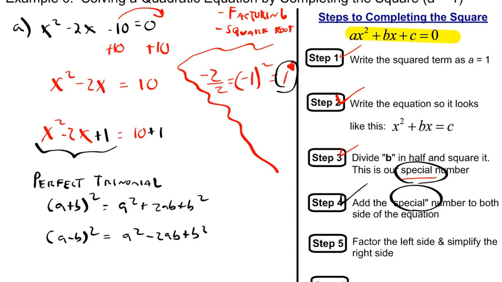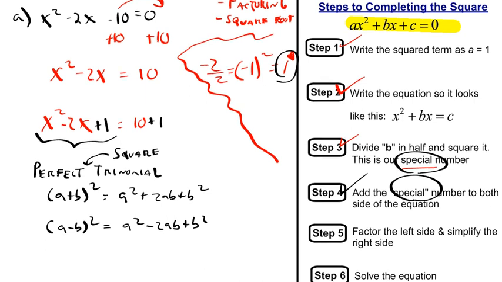Hopefully I'm not going too nerdy on you right now; this is just review from chapter 6. But this right here is a perfect square trinomial.